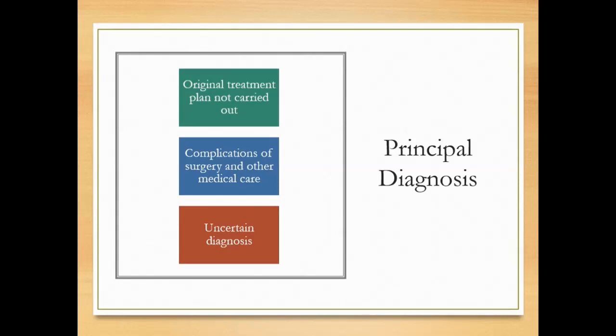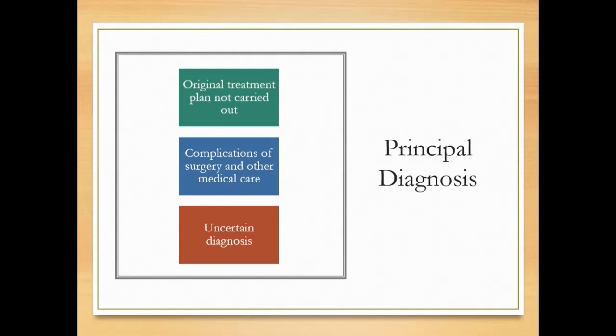Coding guidelines tell us that even though the treatment was not carried out due to some type of unforeseen circumstances, the reason that they were there for the surgery is sequenced first. Of note, there is a status code, which is a Z code, that can indicate procedure not done due to whatever that particular circumstance was.